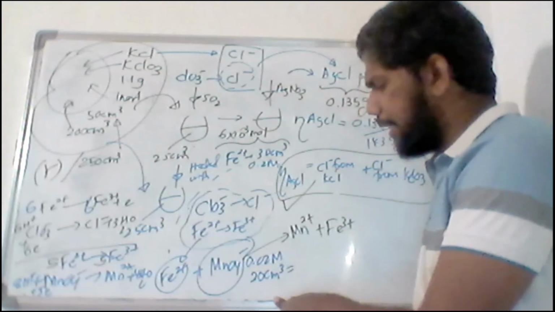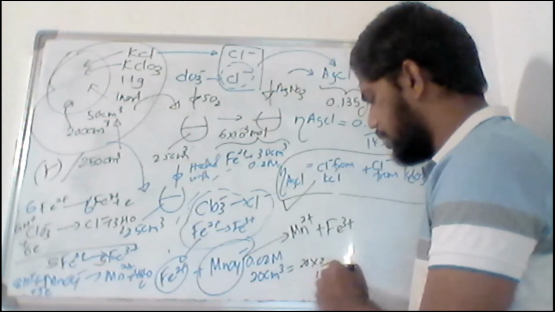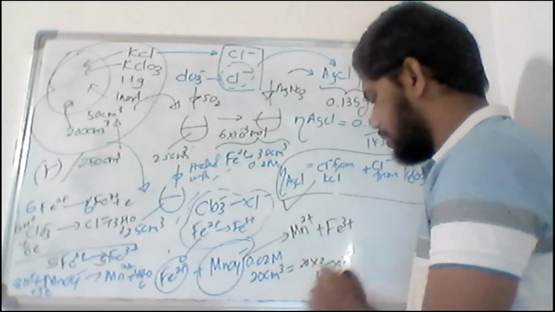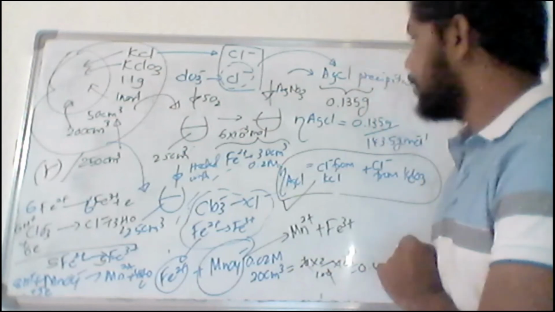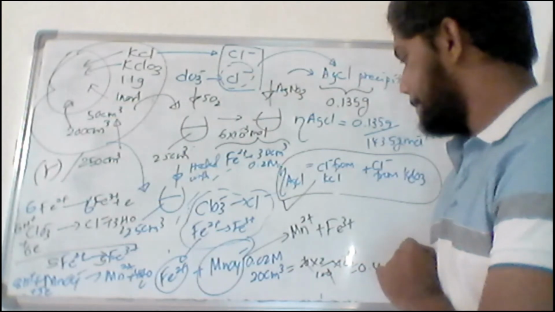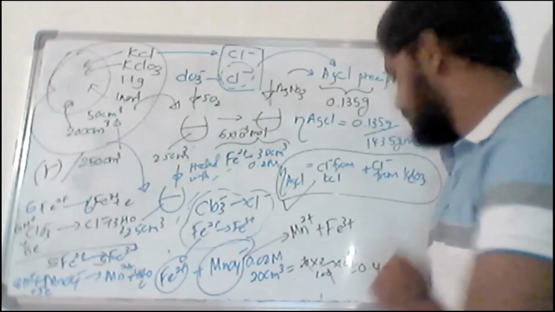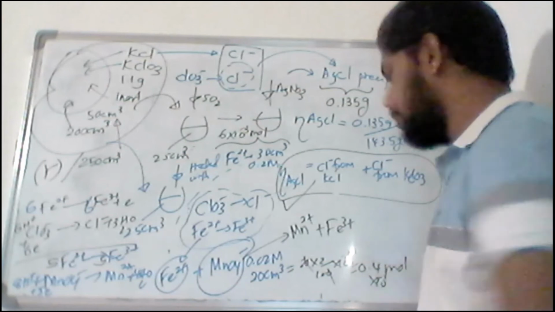So this will be basically 20 into 2 over 100 into 10 to the power minus 3. So we can cut this. So this was 0.4 into 10 to the power minus 3 moles.